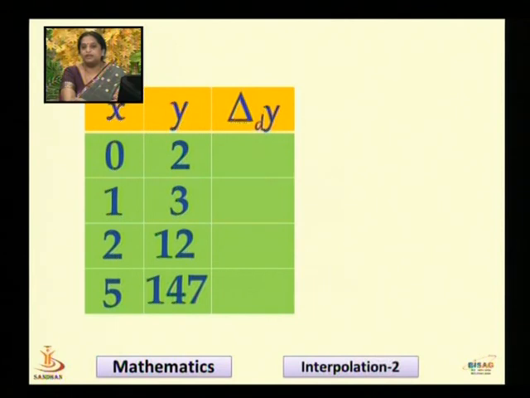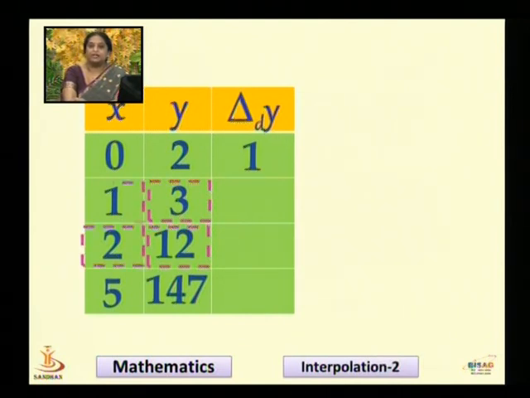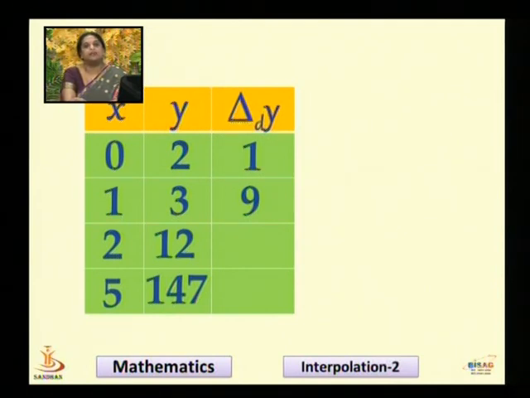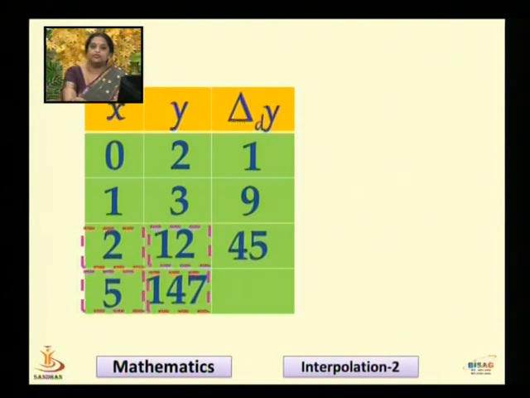The first order divided difference delta dy1 is given by 3 minus 2 divided by 1 minus 0, which is 1. Delta dy2 is given by 12 minus 3 divided by 2 minus 1, which is equal to 9. Delta dy3 is given by 147 minus 12 divided by 5 minus 2, which is equal to 45.